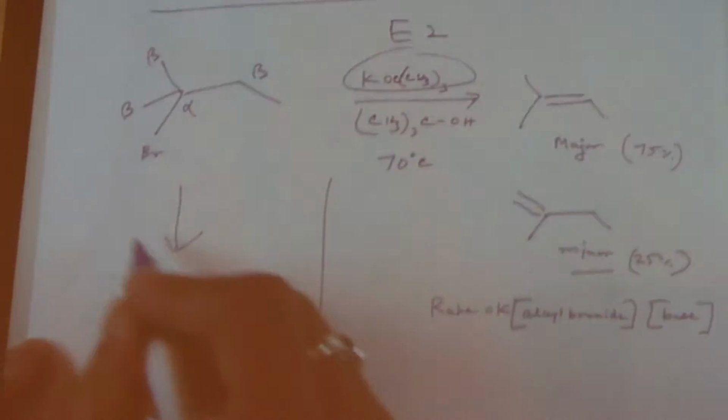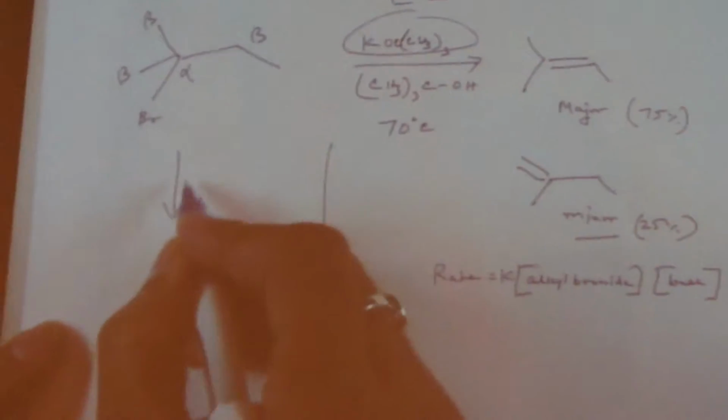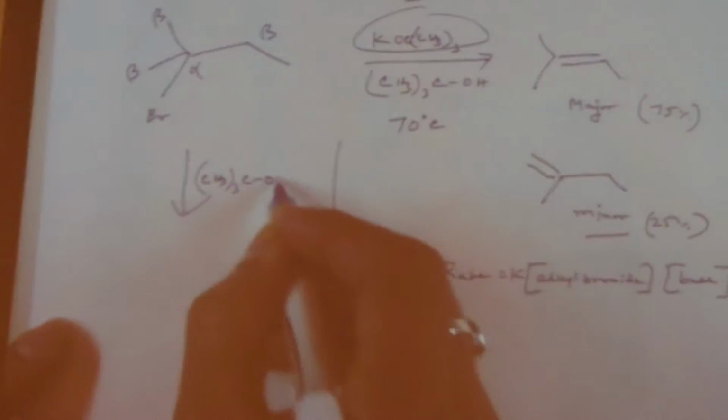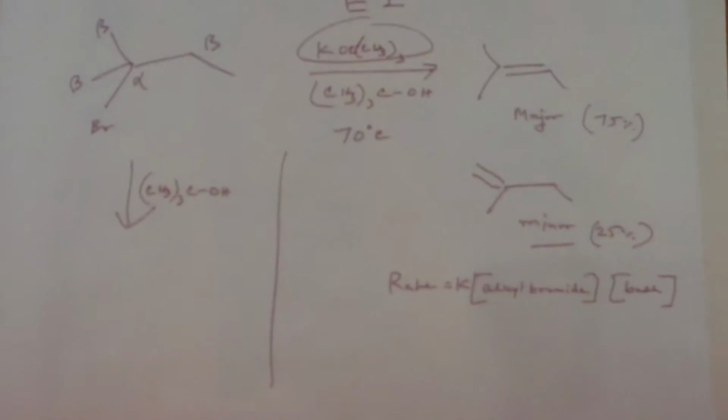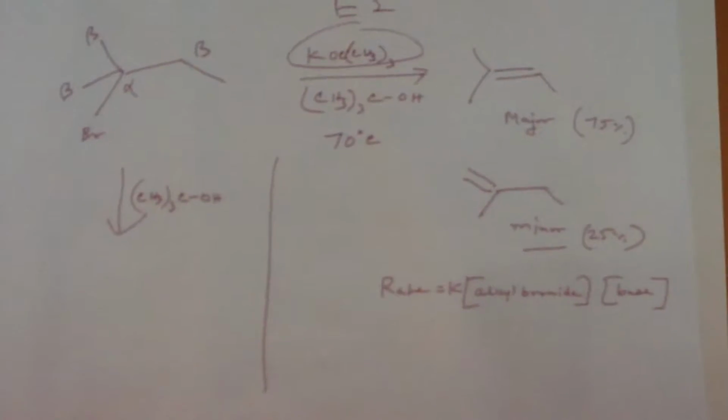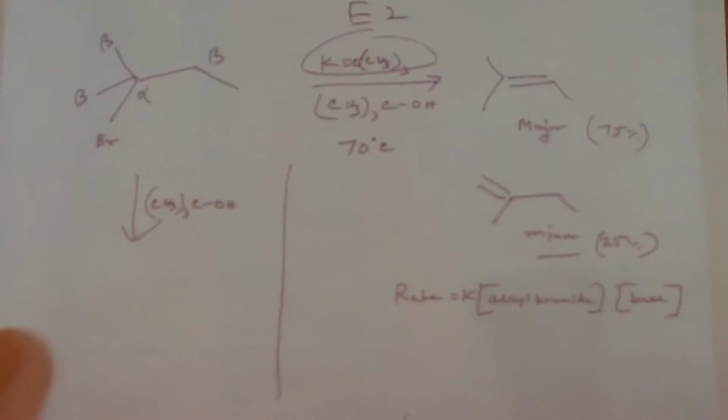So we do get the same distribution also in E1, but the E1 process is much slower. What happens is that if you don't provide a good base, but you provide the solvent, you can use either butanol. Let's change the solvent, but no base. So then the reaction is forced to go through an E1 process where you generate a carbocation that then goes to the product.